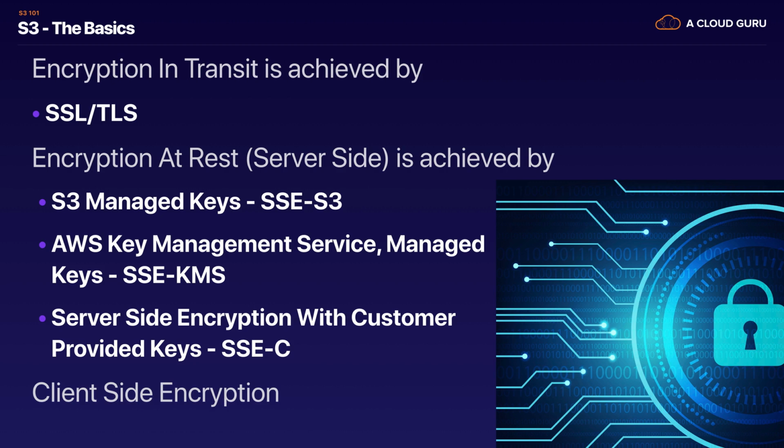So you might do this on your Mac or your PC or whatever, and then you upload that object to S3. So there's four ways of really doing encryption. There's server-side encryption: SSE-S3, SSE-KMS, and SSE with customer-provided keys. And then we also have client-side encryption, where you basically encrypt the object and then upload it to S3.